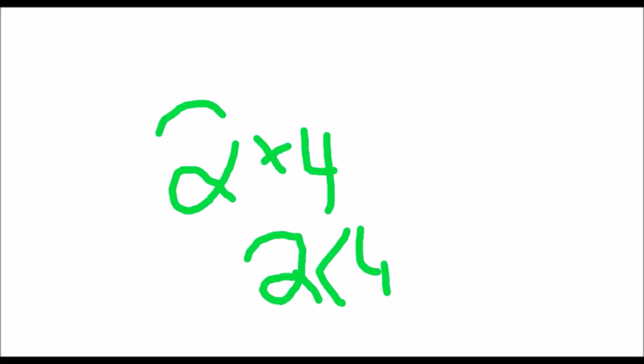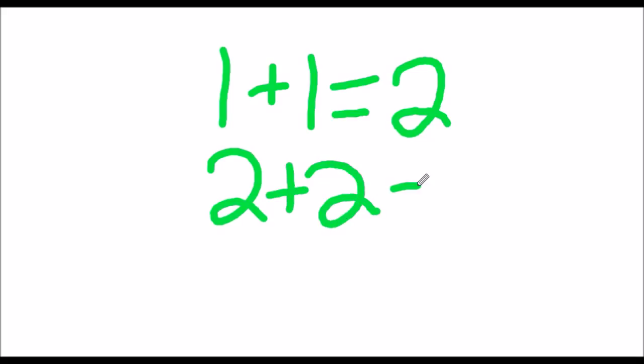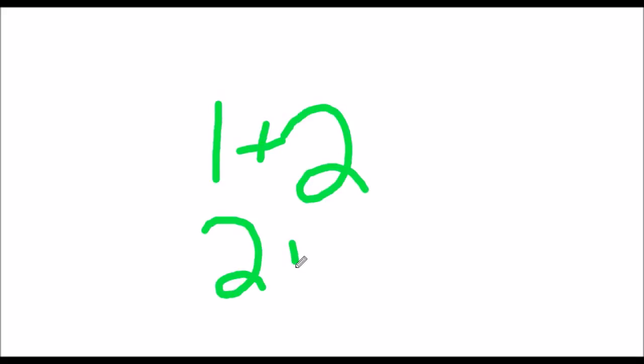So, expressions versus equations. An equation, you might just say, well, 1 plus 1 equals 2. Or, even though this is wrong, maybe you might say 2 plus 2 equals 5, even though obviously 2 plus 2 does not equal 5. An expression, on the other hand, could be just 1 plus 2, or 2 plus 3.